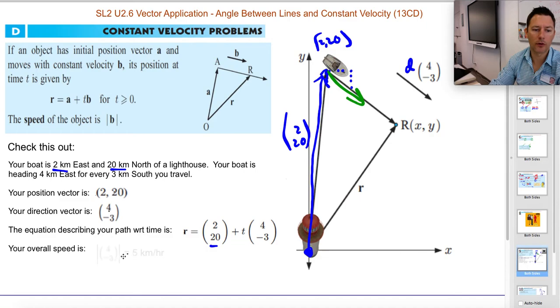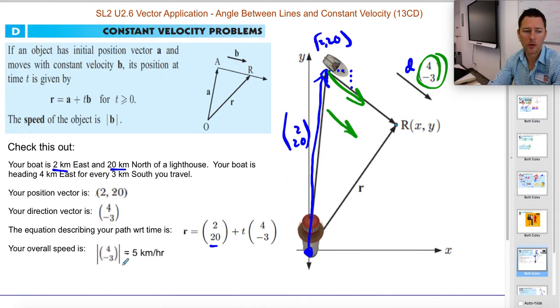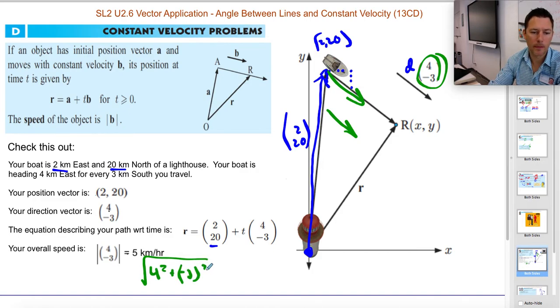They're asking for our overall speed, and the overall speed is just the magnitude of the direction vector. It doesn't matter where we start, it just matters how we're moving, right? So the overall speed is the magnitude of the direction vector, which is root 4 squared plus negative 3 squared, right, which is 16 and 9, which is 25. So this ends up being root 25, which is 5, right? Plus or minus 5, but we're just assuming that wherever you're facing is forward, so positive 5.